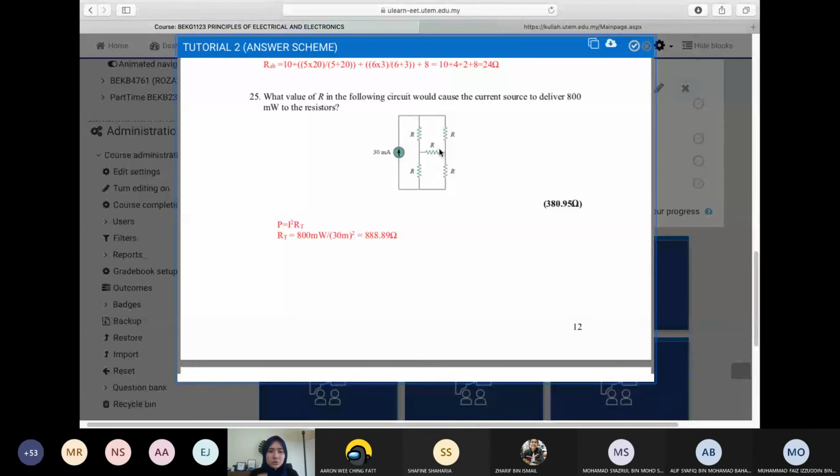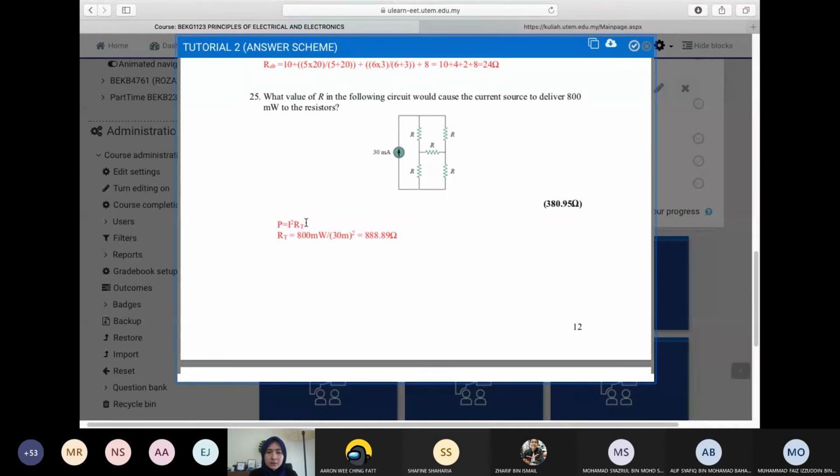So basically what you need to do is that you know that P is 800 milliwatt. So P is equal to I squared R. The R over here is the R total or the R equivalent.